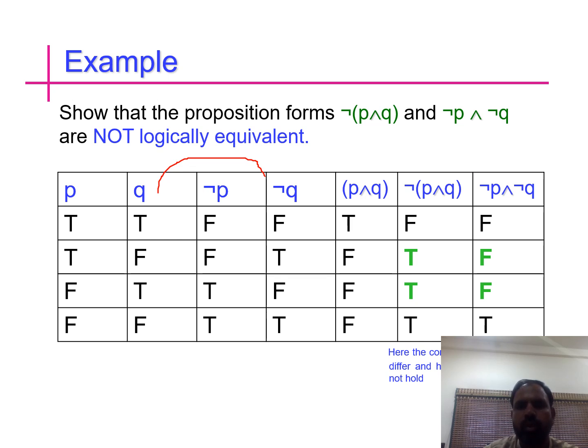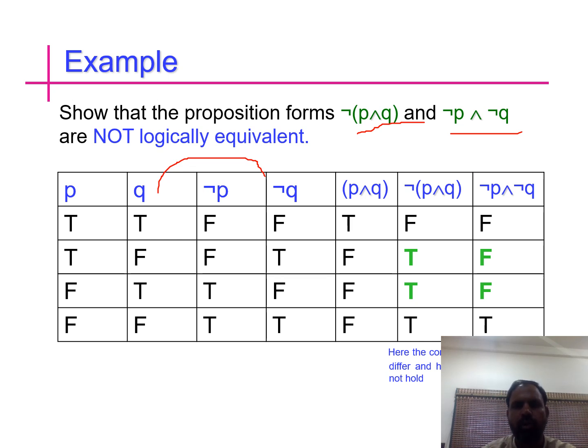Now the negation of P and negation of Q: we have to show the equivalence of these two. So between these two, the values will be false, false, false and true, because both are true.